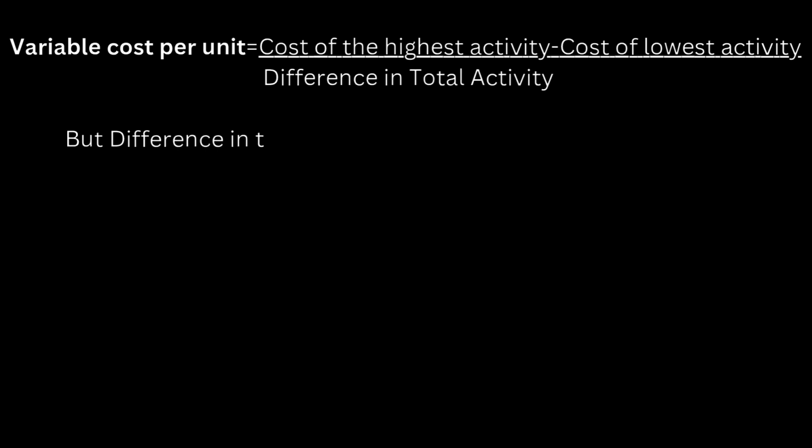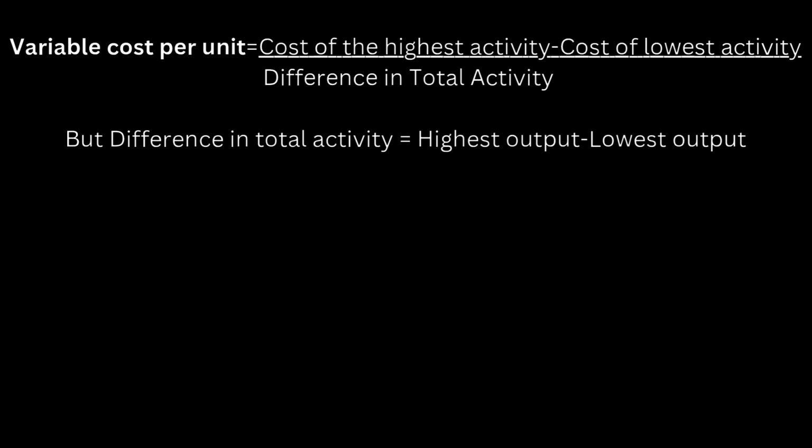And we get the difference in total activity by subtracting the lowest output from the highest output. So difference in total activity equals highest output minus lowest output.